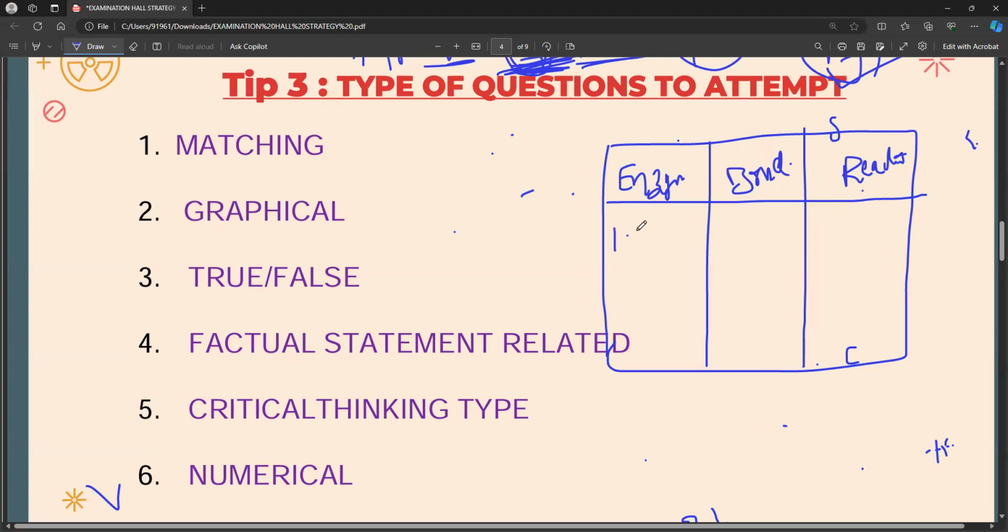Suppose they give enzymes: one is called esterases, another is called peptidases, another is called lipases. So here you can get a little bit confused. Esterases are the ones which cleave the ester bond. No doubt about it. And some students again will get confused. What are lipases? Lipases are also involved in the breakdown of lipids. Then you will get confused.